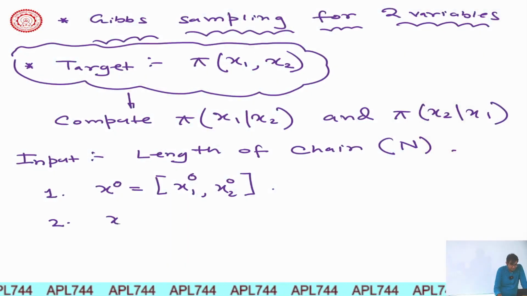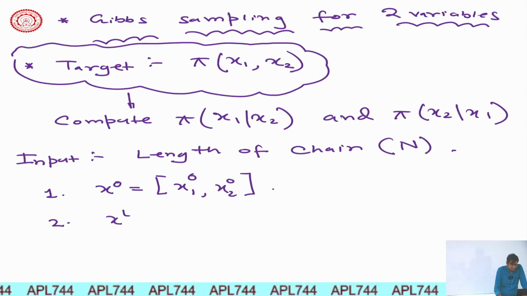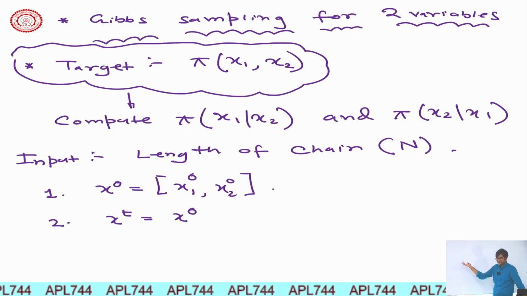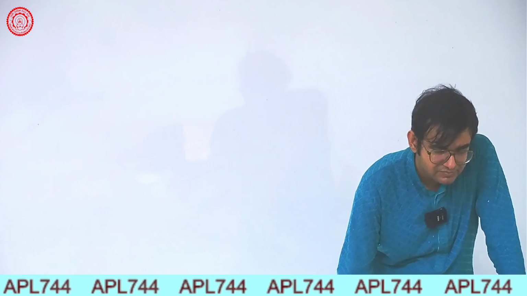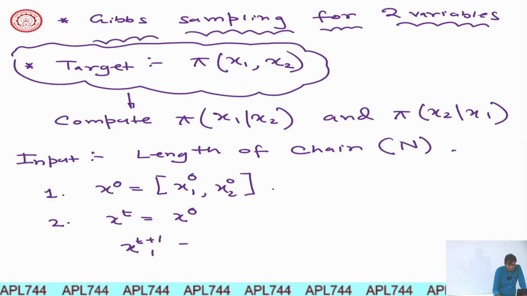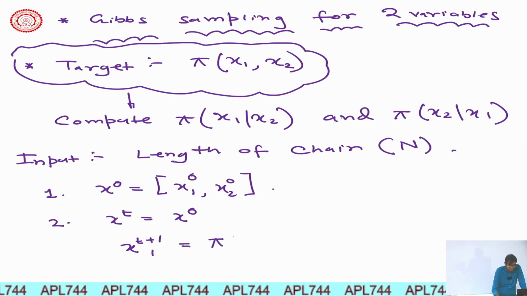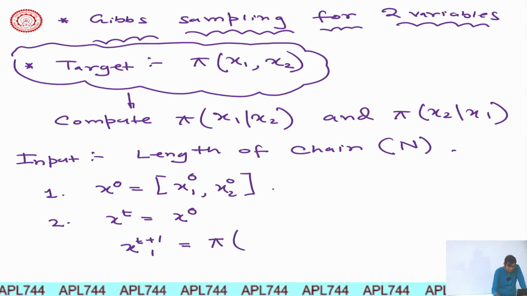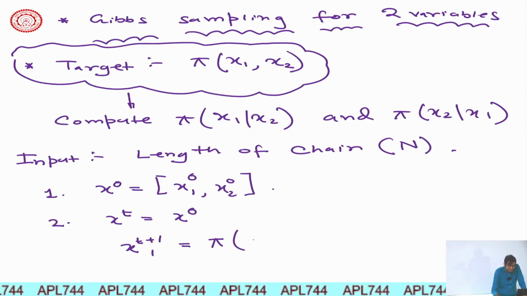Now here is how it will work. You set x^t to be x^0. I may not write it that way, but I am writing it like that to generalize the thing. And then you will draw x^(t+1), it can also be x2 actually, but I am drawing x1 first, so I will write it like that.